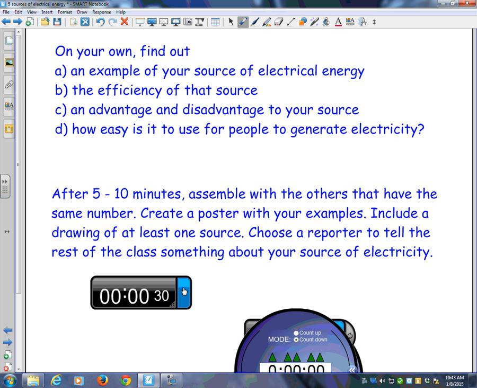Okay, I want you to search up generator, magnet, source of electricity. I think that's the most common one.